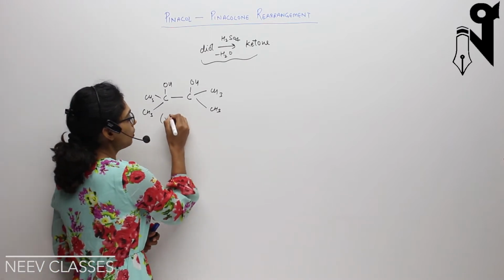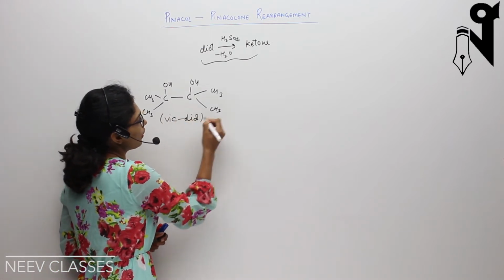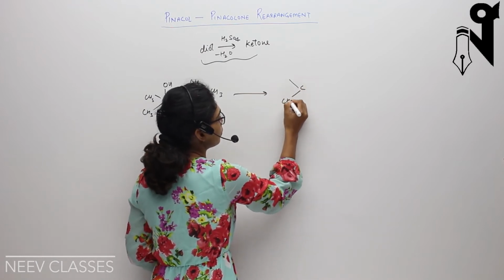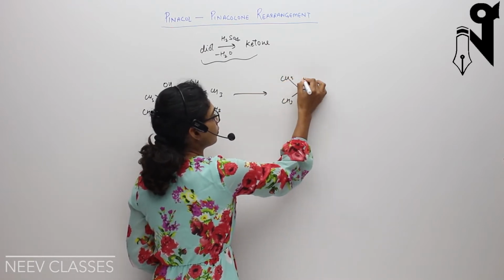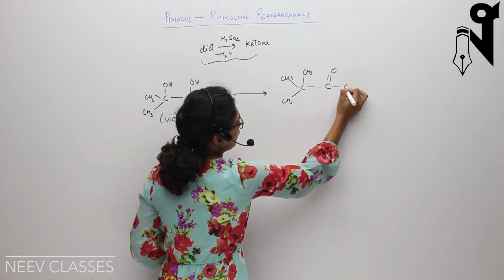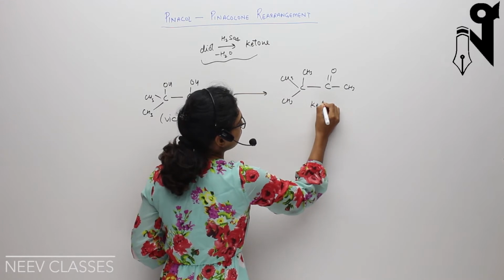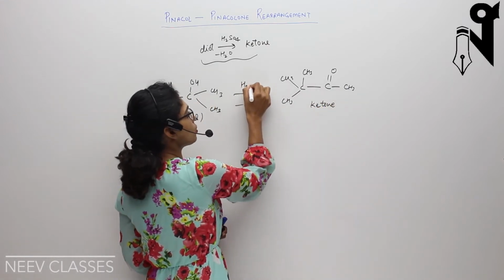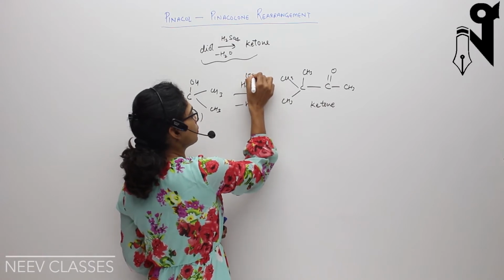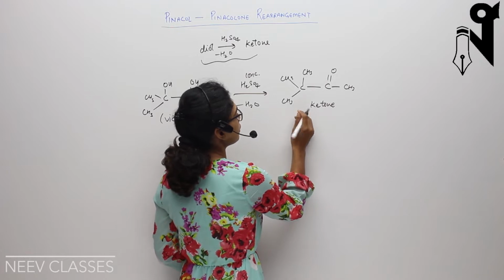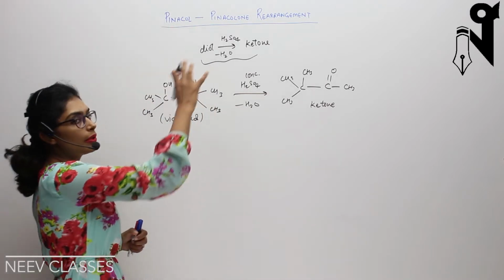This is a vicinal diol, and when this gets converted into this type of ketone by removal of water in the presence of concentrated H2SO4, this process is called the Pinacol-Pinacolone rearrangement.